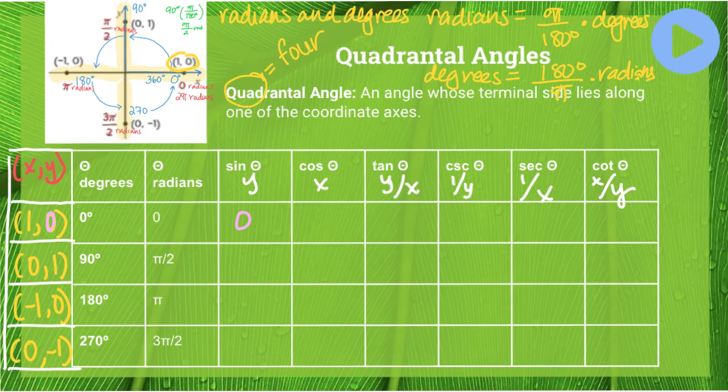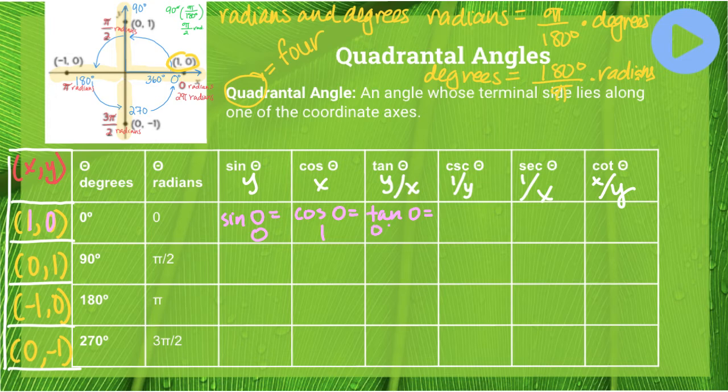Cosine of 0 degrees, let me rewrite this so that it's all consistent. So this would be sine of 0 degrees, or 0, and that would be 0 because 0 is y. Cosine of 0 would be the x value, which would be 1. Tangent of 0 is y over x.